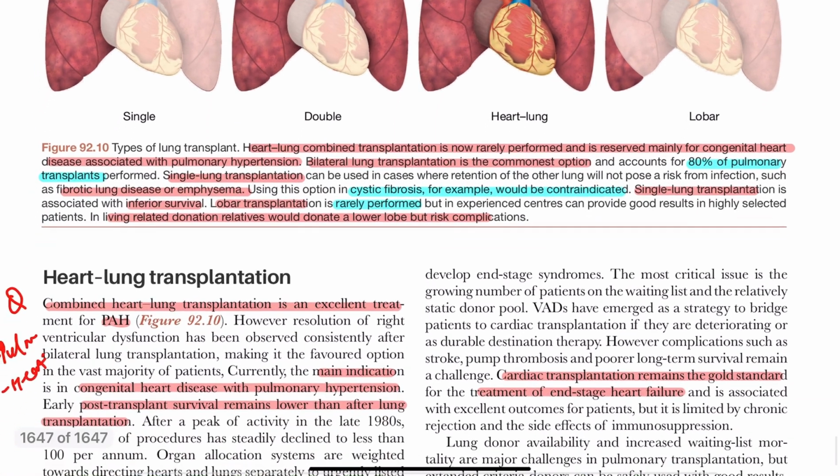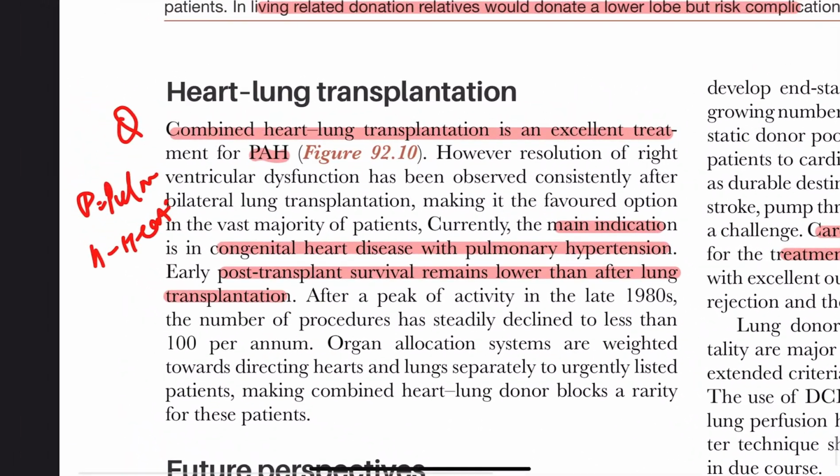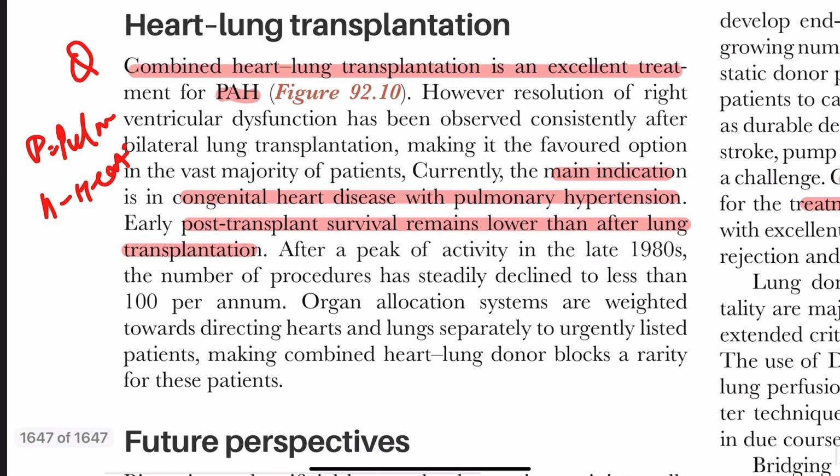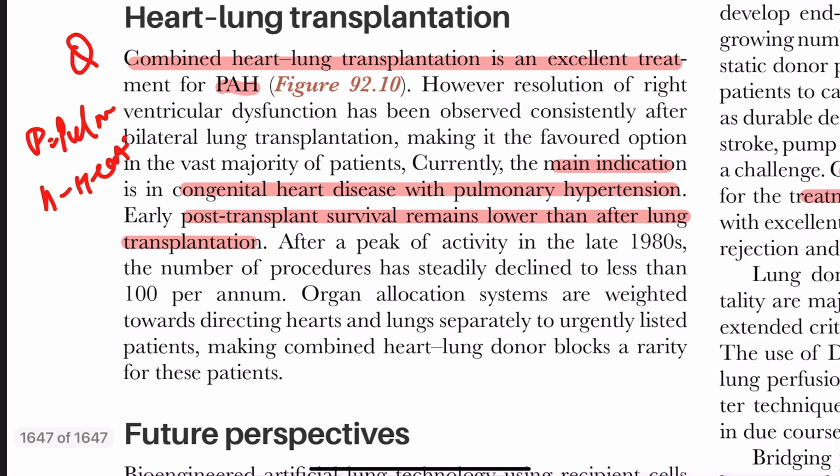So the last topic is heart and lung transplant. I already told the indications; they will ask mainly indications. So PAH, pulmonary and heart. The main indication is congenital heart disease with pulmonary hypertension, though early post-transplant survival remains lower than after lung transplant.